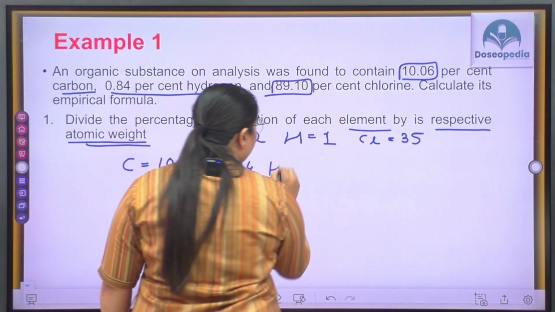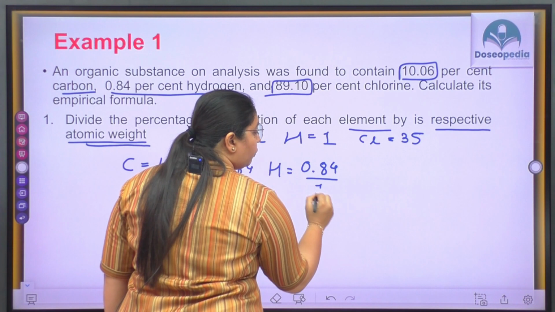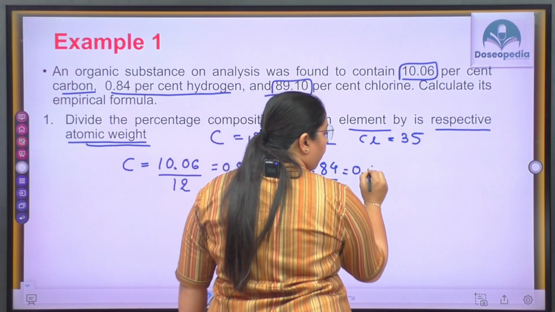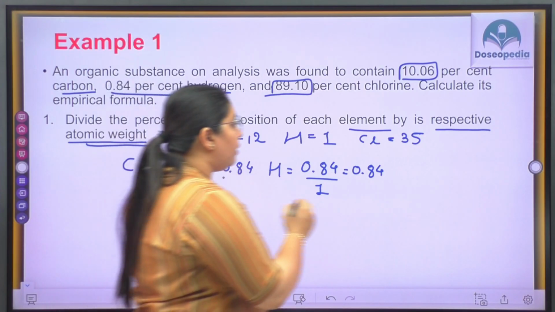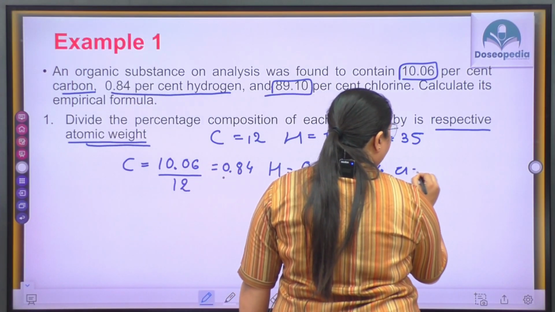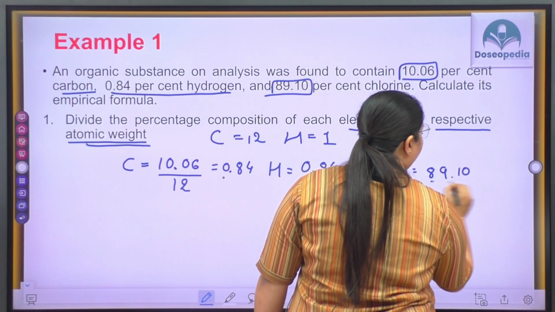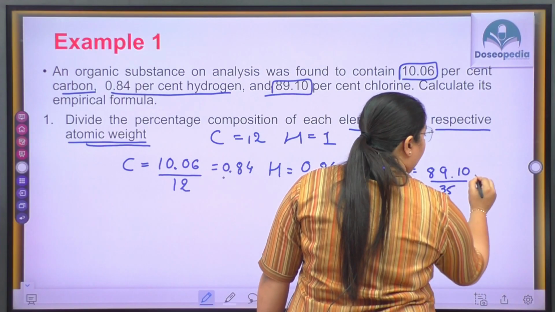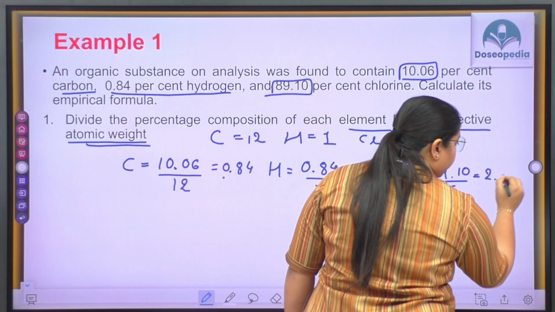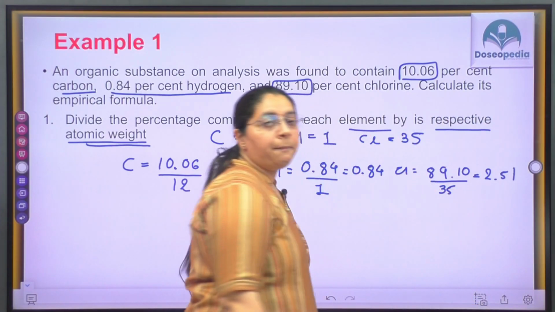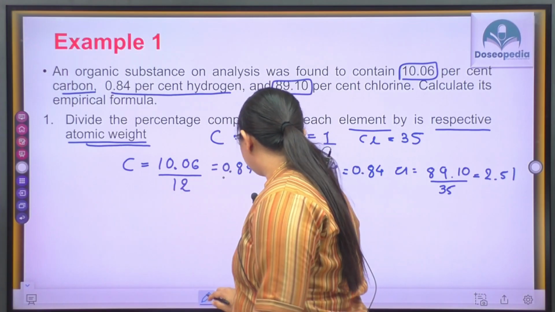For hydrogen, 0.84 divided by 1 is equal to 0.84 itself. And for chlorine, let's divide its percentage, 89.10, by 35, and the answer is 2.51. Okay, so this is the very first step. Now let's go for the second step.